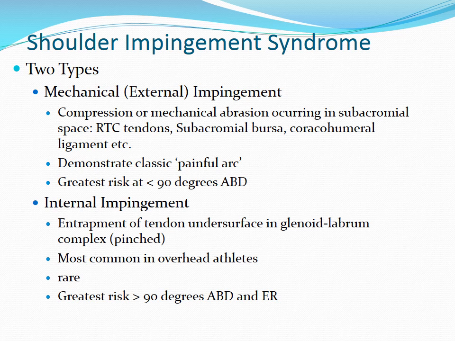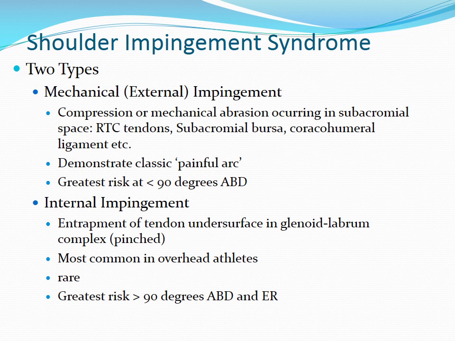Internal impingement is where you get pinching below the subacromial space, in the space between the humeral head and the glenoid. So it's like pinching the rotator cuff between that little crack between the glenoid and the humeral head, which I'll show you in the next slide.